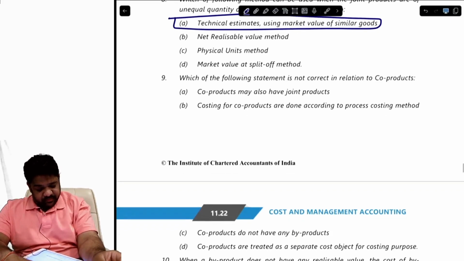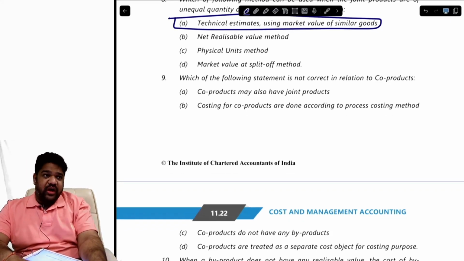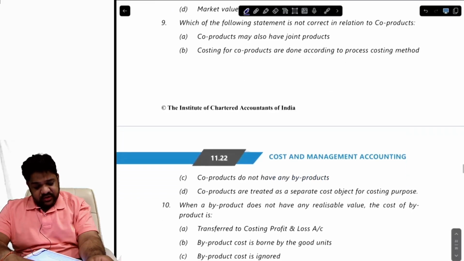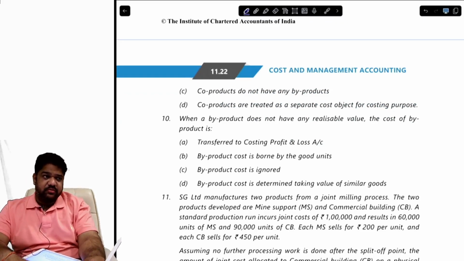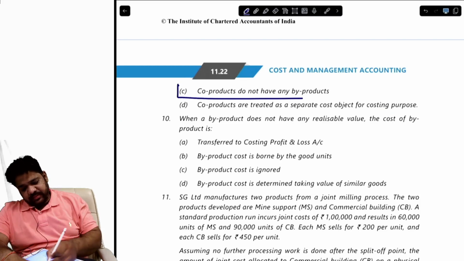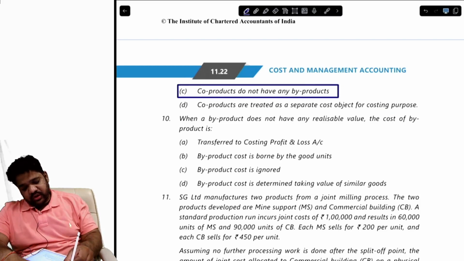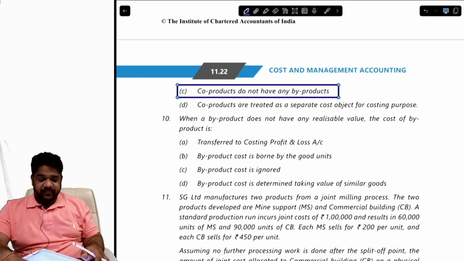I don't find a problem. Co-products do not have any byproducts. Not necessary. So as of now, this looks like an answer. Let's read further. Co-products are treated as a separate cost object for costing purpose. Yeah, they can be. So the best answer, co-products do not have any byproducts.